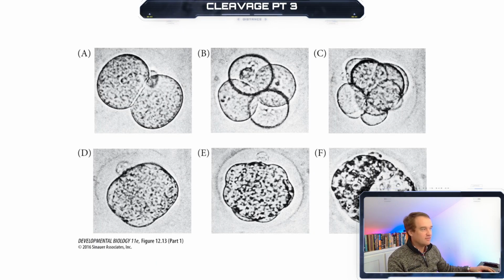So here we have some microscope slides of the developing cells. A is the 2-cell stage, then 4-cell. This is early 8-cell, so you can see they're still dividing. And then at D here, we have what's called compaction.